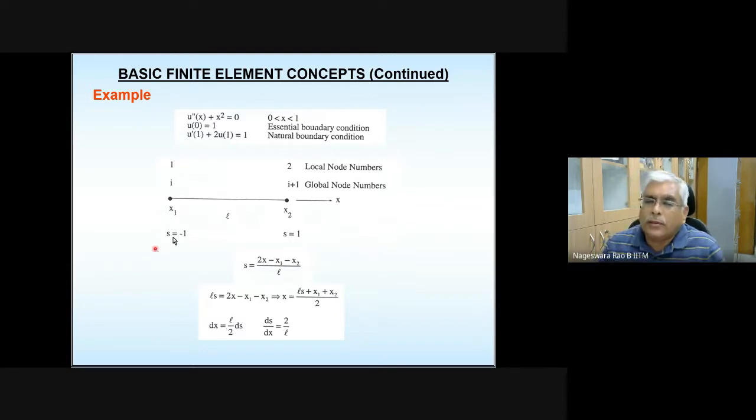And just now we got a relation between local coordinate system and global coordinate system. Now I'm interested: if I take a small element of length dx in the x coordinate system, what does it correspond to in the local coordinate system?